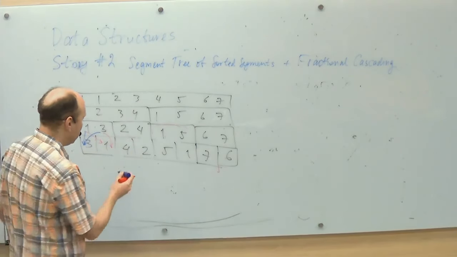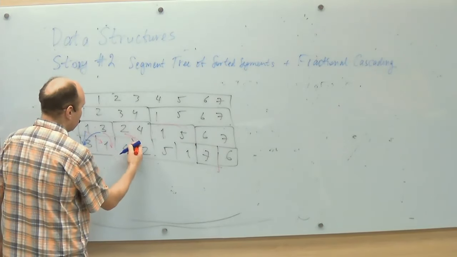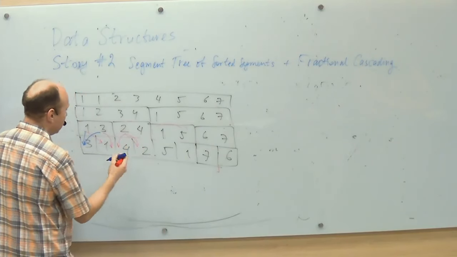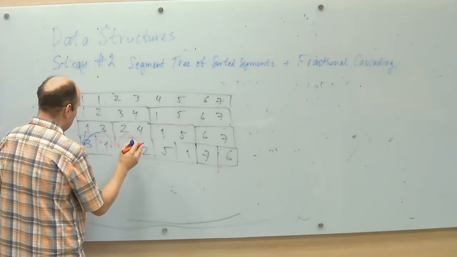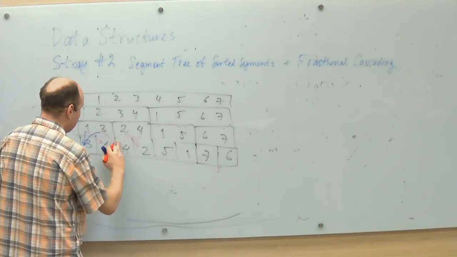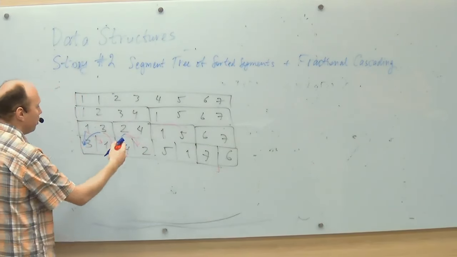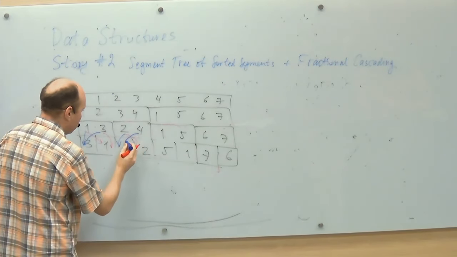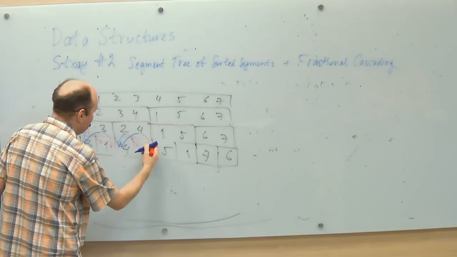So similarly here, for 2, we both were here, and for 4, we were before 4 here, and after 2 here.